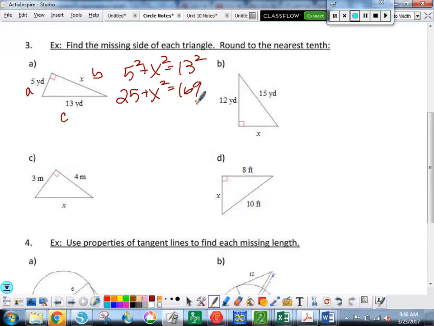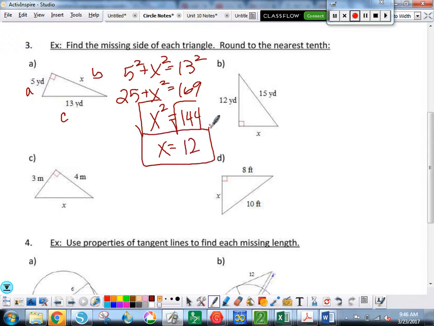Then what? Get rid of the 25. We can't get rid of the square until we get the x squared by itself, right? Then you can take the square root of both sides. So let's get rid of the 25. 144. Now take the square root of both sides. x equals 12. We good with that?